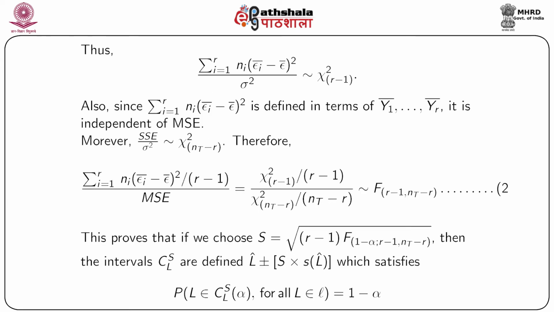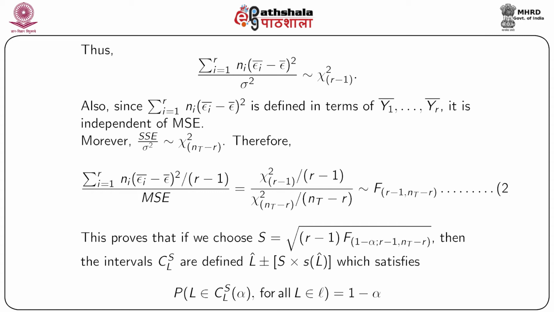Thus, summation i equals 1 to r ni times (epsilon i bar minus epsilon bar) whole square divided by sigma square, where sigma square is the variance of the error term, follows a chi-square distribution with r minus 1 degrees of freedom. Also, since it is defined in terms of y1 bar, y2 bar, ..., yr bar, it is independent of MSE.